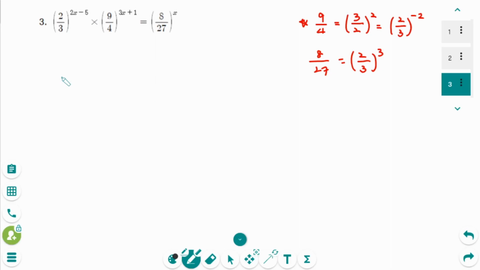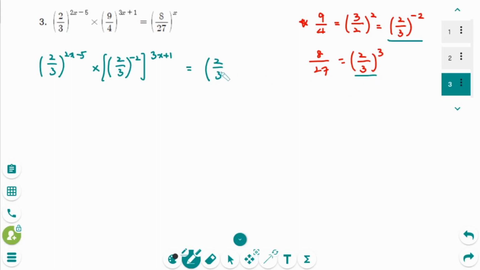Back to the original: 2 over 3 to the power of 2x minus 5 times 9 over 4, which is 2 over 3 to the power of minus 2, then to the power of 3x plus 1, equals 8 over 27, which is 2 over 3 cubed, to the power of x.